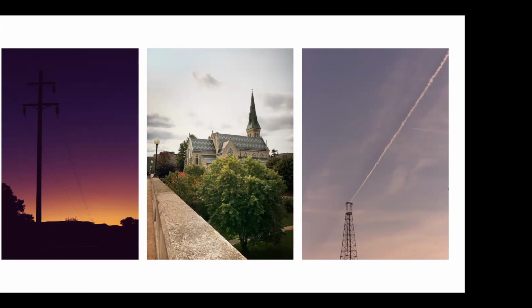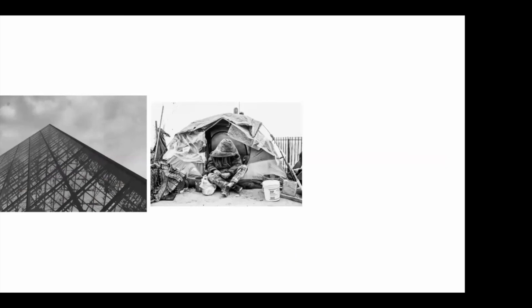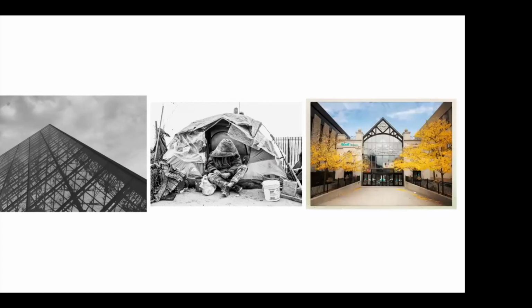Okay. And then here I'm playing with triangles. So the Louvre. This is during the Las Vegas document walk, and I just found the triangles and the angles of the way the man's sitting, his hood, the shape of the tent, everything was just triangles. And then just the shopping mall here in Guelph.